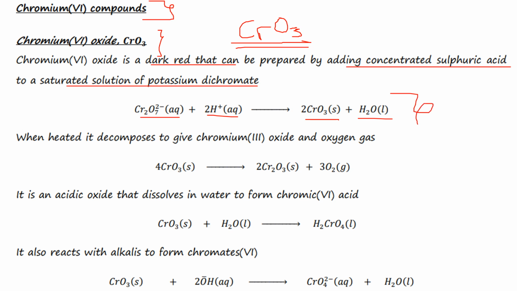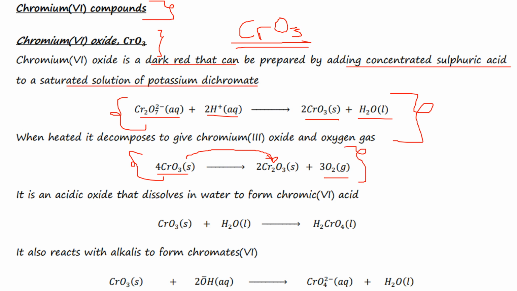The balancing of this equation is going to follow the same appropriate steps like I told you before. Now when heated, it decomposes to give us chromium 3 oxide and oxygen gas. So when you heat chromium 6 oxide, we are going to form a compound which is in the most stable oxidation state, which is the chromium 3 oxide, together with evolution of oxygen gas. The balancing of this equation is going to follow the same criteria like we looked at before.